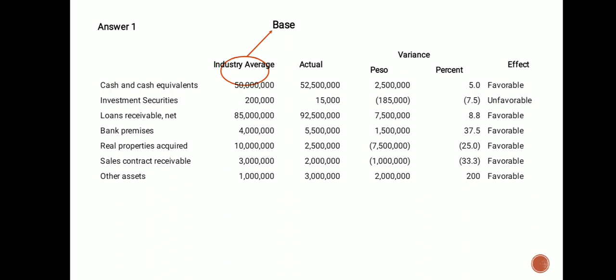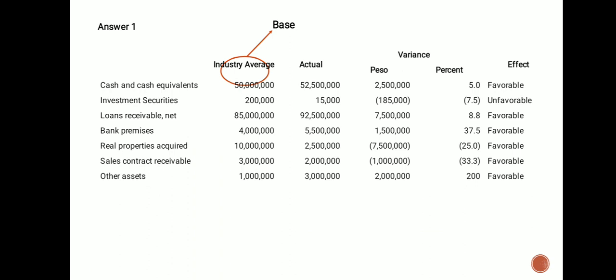Okay. So the effect of the increase in cash and cash equivalents is favorable. For investment securities, there is a decrease of 185,000 pesos or equivalent to 7.5%. That is unfavorable. Then for loans receivable net, there's an increase of 7,500,000, which is equivalent to 8.8%.